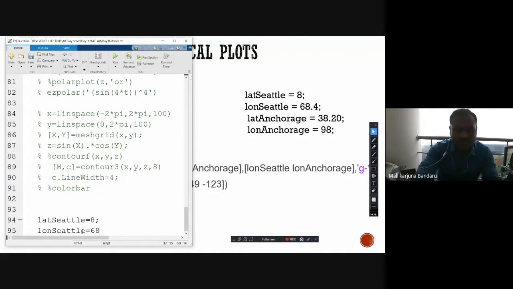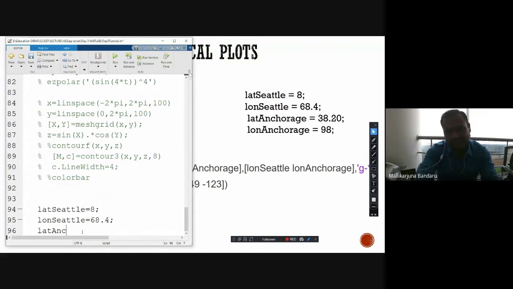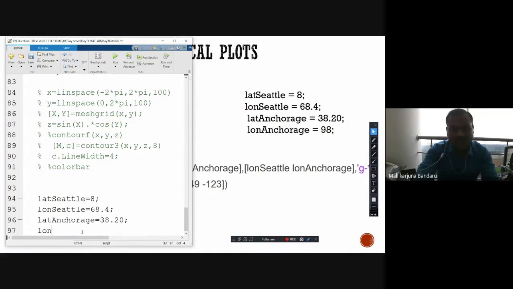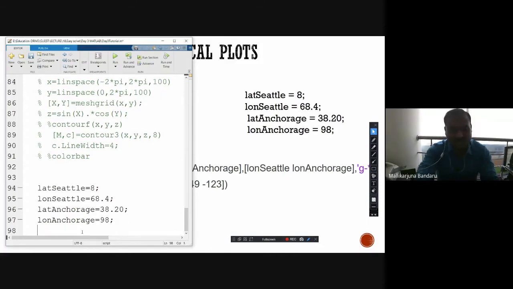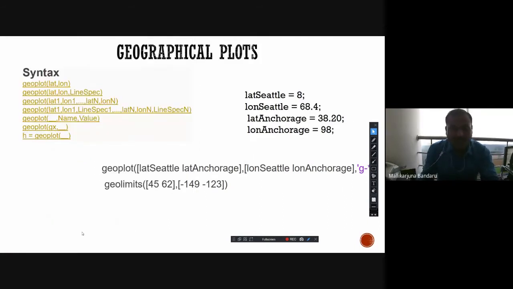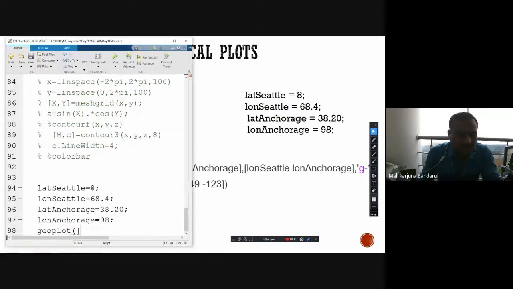I'm just typing whatever is in the slides. So the left-hand side, whatever you want, you can take. There is no restriction, but the right-hand side is the main requirement here. The syntax is geoplot, geoplot, lat comma lon.